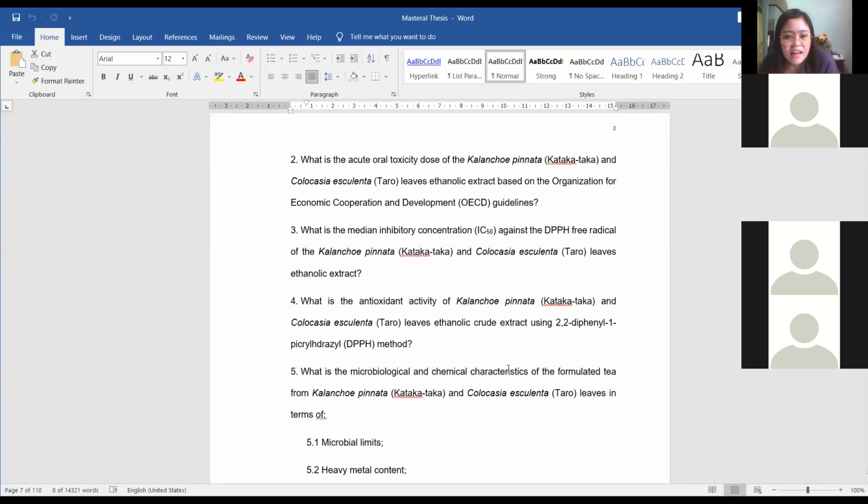And then I also have here the median inhibitory concentration against free radicals. Nag-establish pa ko og another activity, the antioxidant activity.